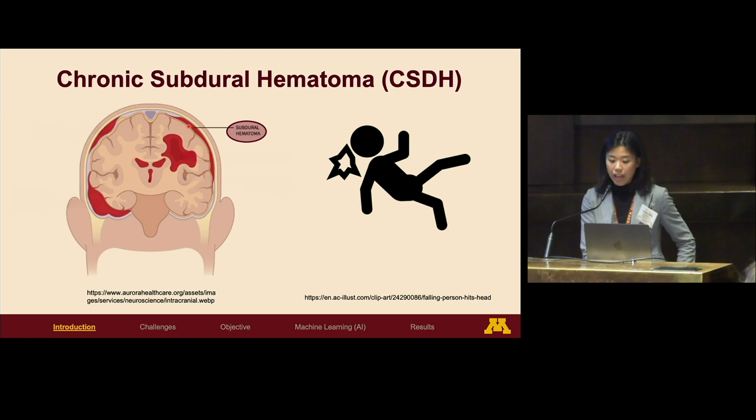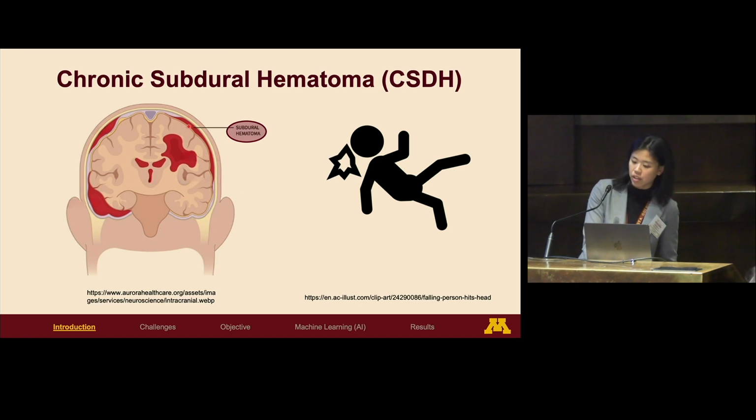cSDH commonly develops following a head trauma, even from minor impacts, particularly in elderly patients. Older adults are especially vulnerable to this condition due to age-related changes in brain structure, combined with a higher risk of falls and so on.